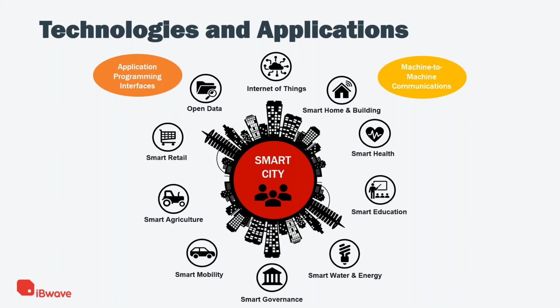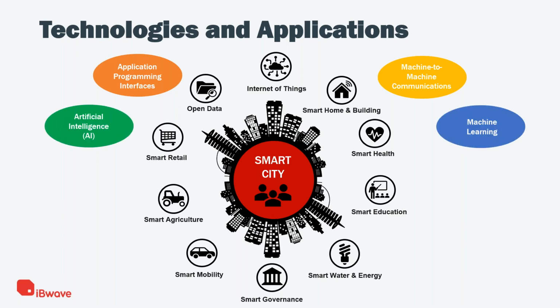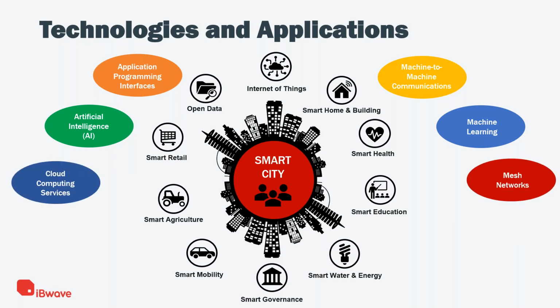with these different applications, we will collect a lot of information. So we need some intelligent and cognitive technologies such as artificial intelligence and machine learning that can be trained on the data generated by connected cities in order to identify patterns and process the information. And of course, we are talking about cloud and computing services.